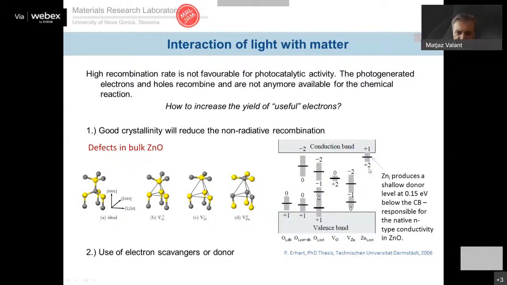In particular, intrinsic interstitial zinc, so zinc residing on some interstitial site, produces one donor level, which is very close to the conduction band. And we have seen in the previous pictures how that influences the Fermi level and how that influences the density of electrons in the conduction band. So particularly this defect is responsible for N-type conductivity in zinc oxide.